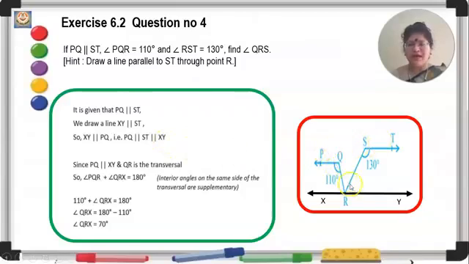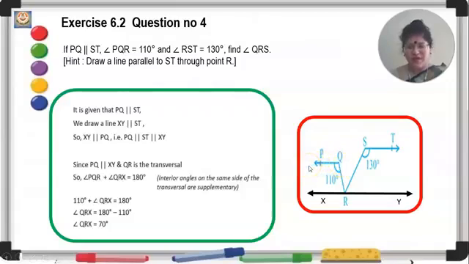Since all the three lines are parallel to each other, now you decide which two lines you want to take first. So here in this solution, we have found out angle QRX first. You could also find out angle SRY in the beginning itself. The choice is yours. So we start like this.